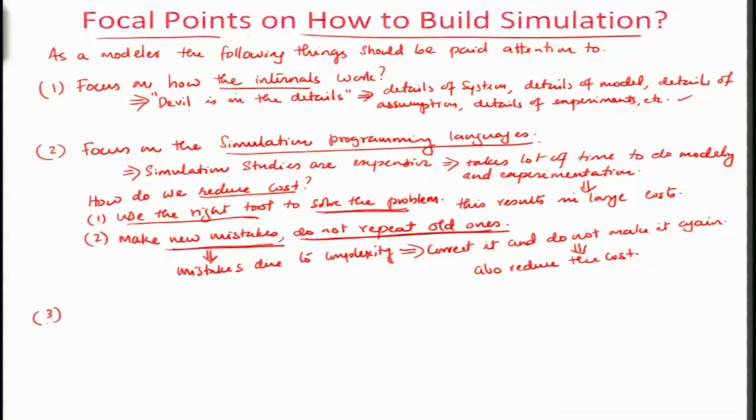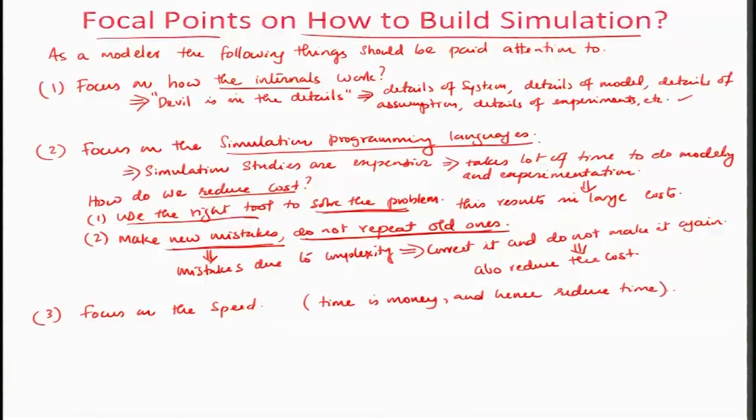Now, the third focal point for the modeler is to focus on speed. The mantra here is that time is money, and hence reduce time: reduce the time needed to build the model, the time needed to do the experimentation, and the time taken to interpret the results. All these are part of the focus on speed. So, how do we do this?